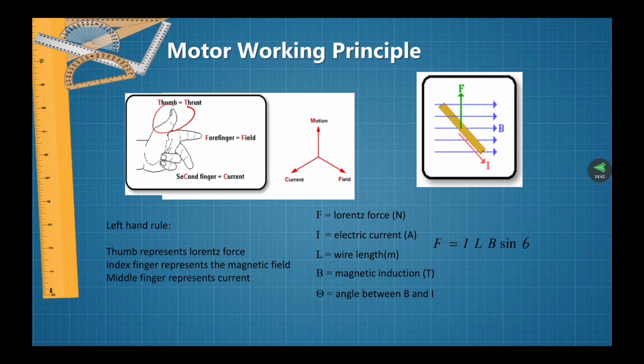In the left hand rule, the thumb represents the force, the index finger represents the magnetic field, and the middle finger represents the current.